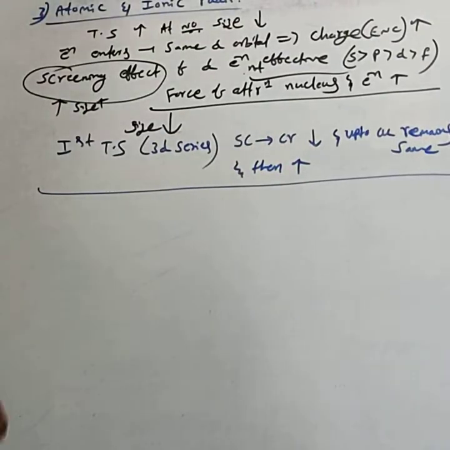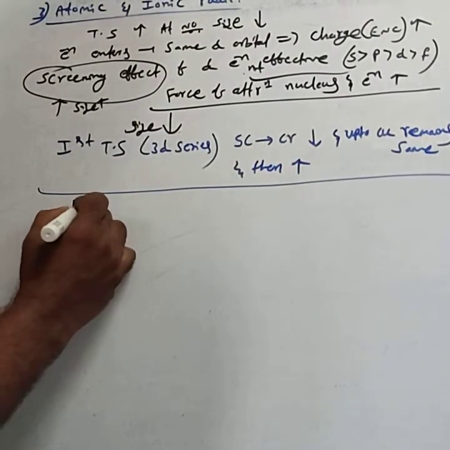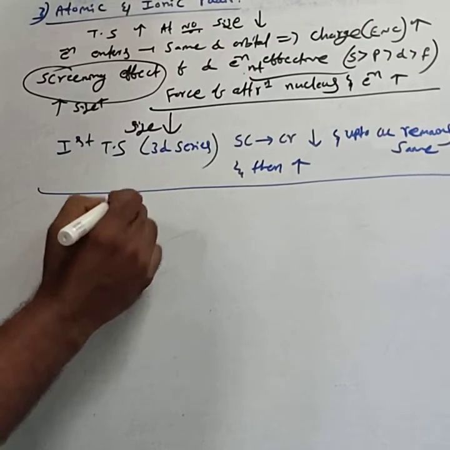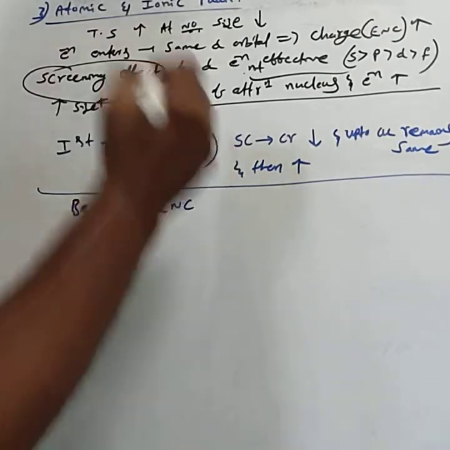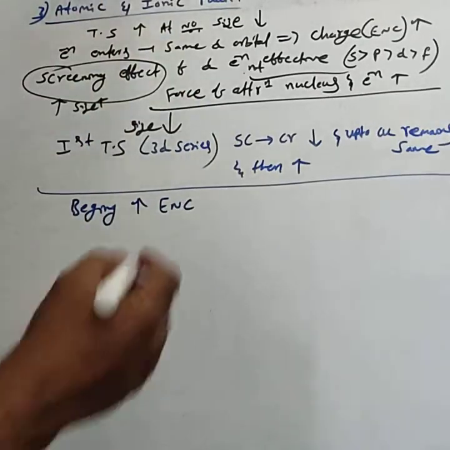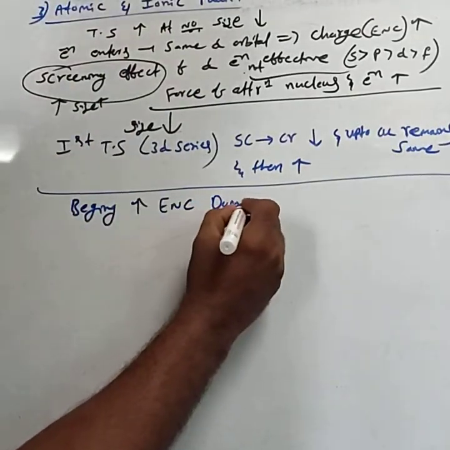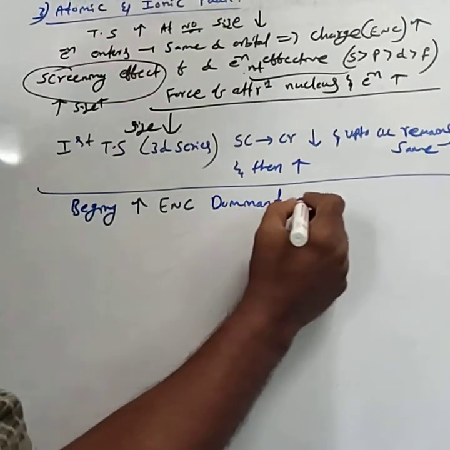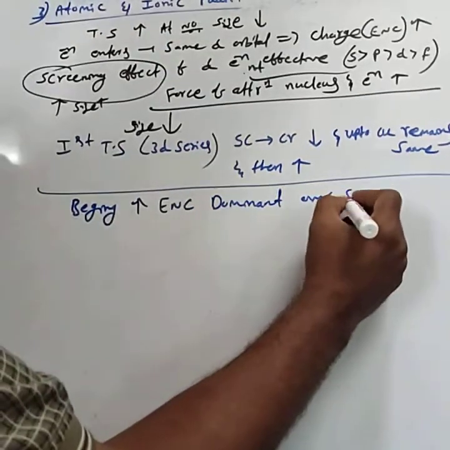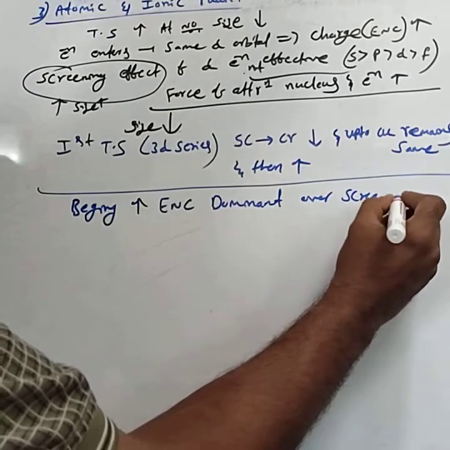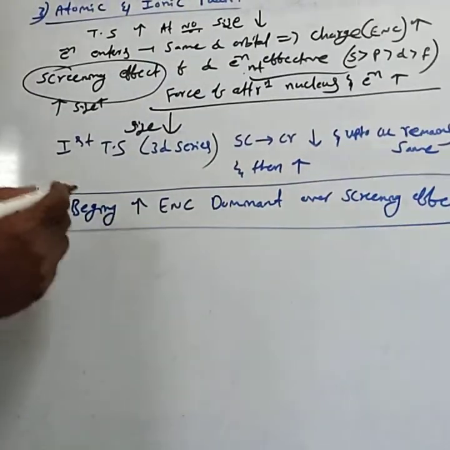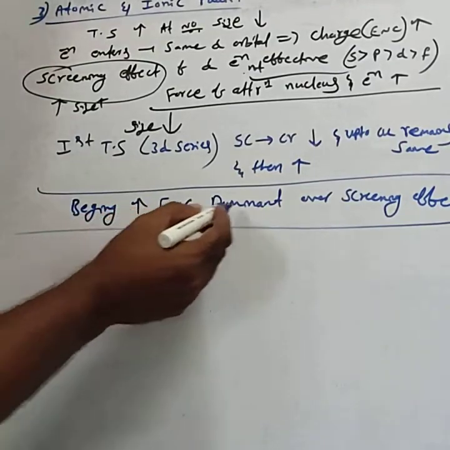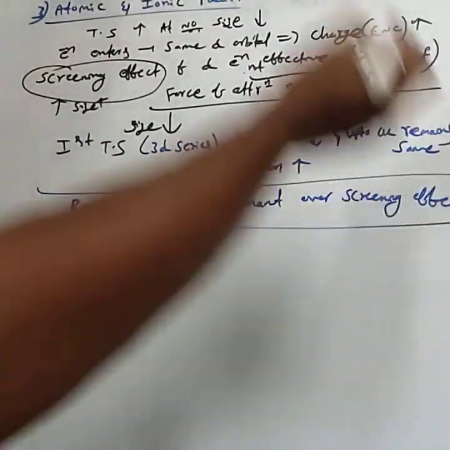Why does this happen? In the beginning, the increase in ENC, effective nuclear charge, is dominant over the screening effect.